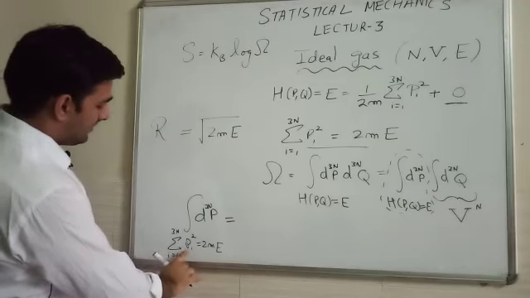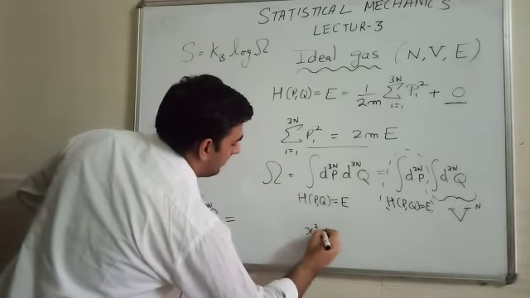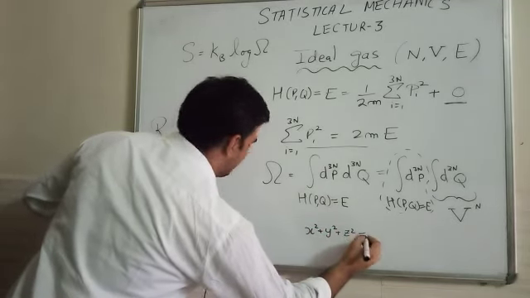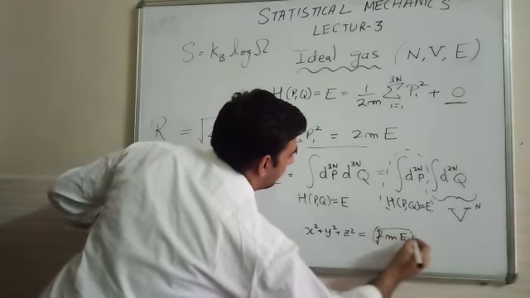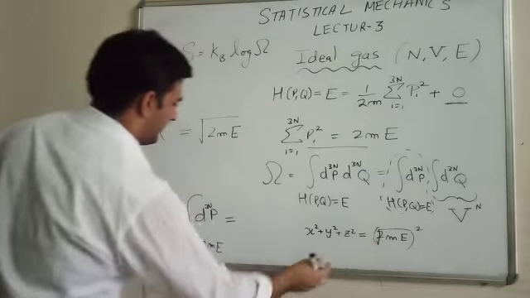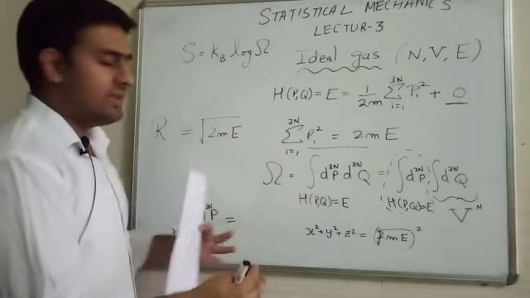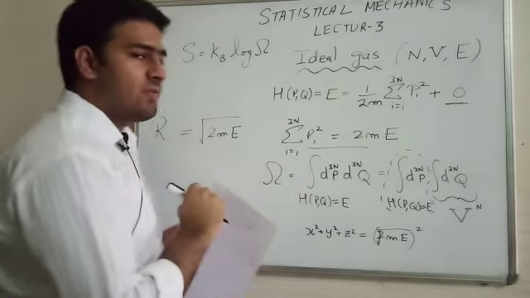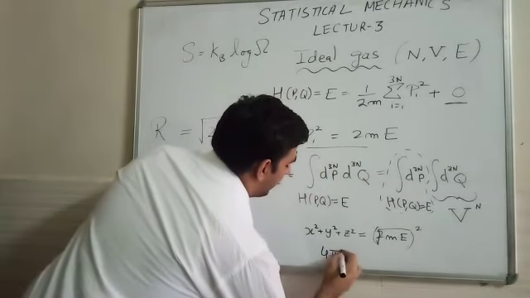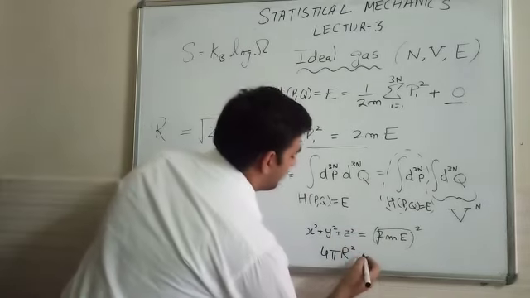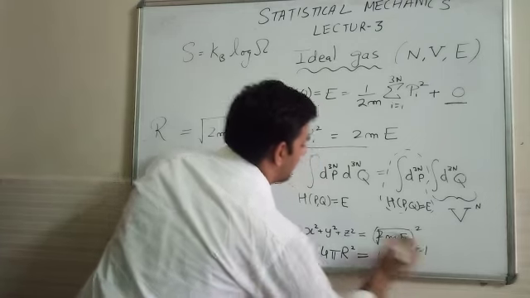You can see that if you take 3 dimensions, this is just like x squared plus y squared plus z squared equal to the square root of 2mE, squared. So if you compare this one with this constraint, this is the surface area of a sphere in 3N dimensions. Now what is the surface area of a sphere in, say, 3 dimensions? It is 4 pi r squared. So you can write this as 4 pi r to the power 3 minus 1.